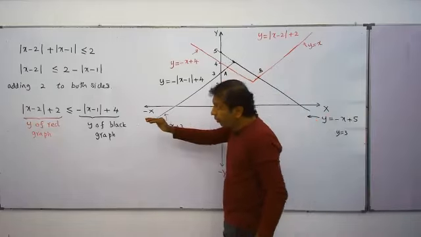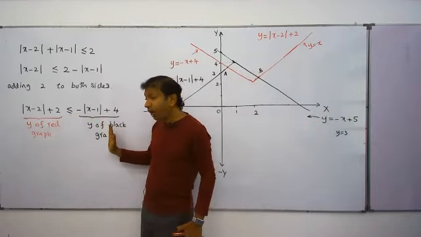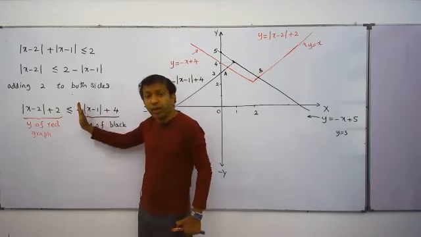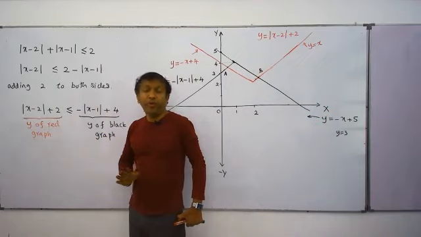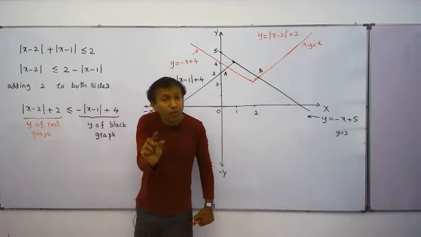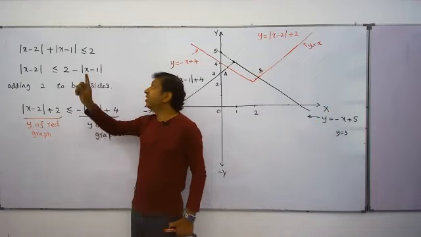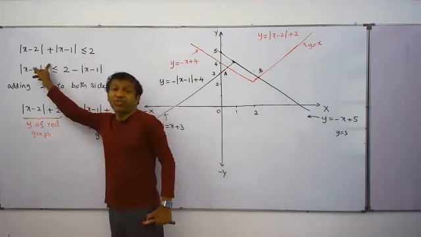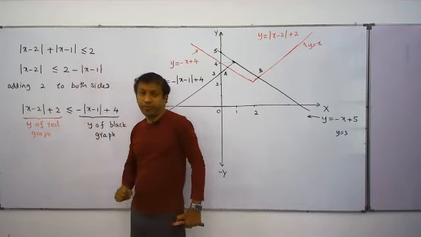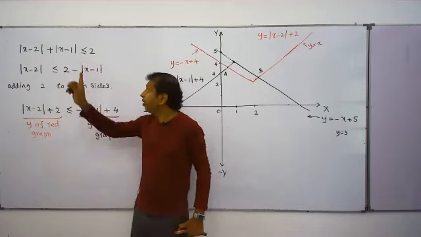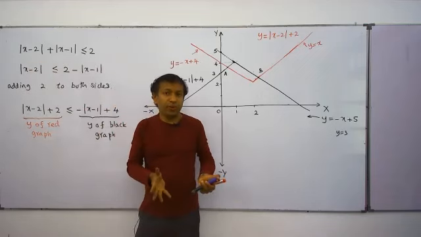Then the solution of this inequality means what, people? Y of black graph greater than or equal to y of red graph. What is the range of x where this occurs? That is the answer of this inequality, because from this inequality only we got this. So finally, the solution of this given inequality, we can very easily explain, people.